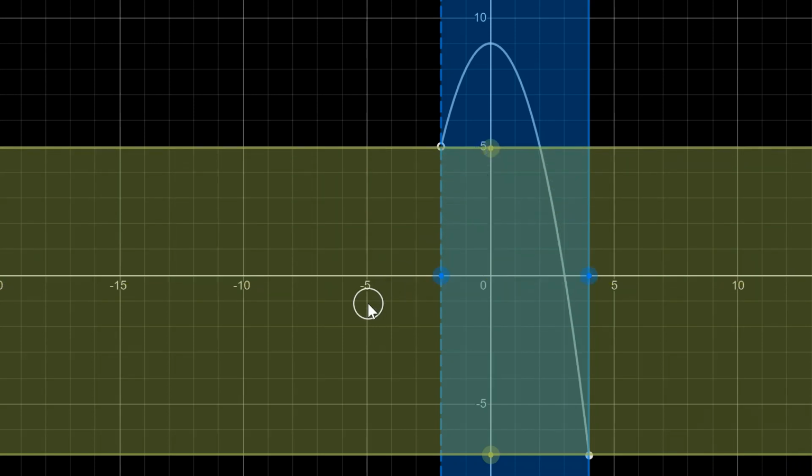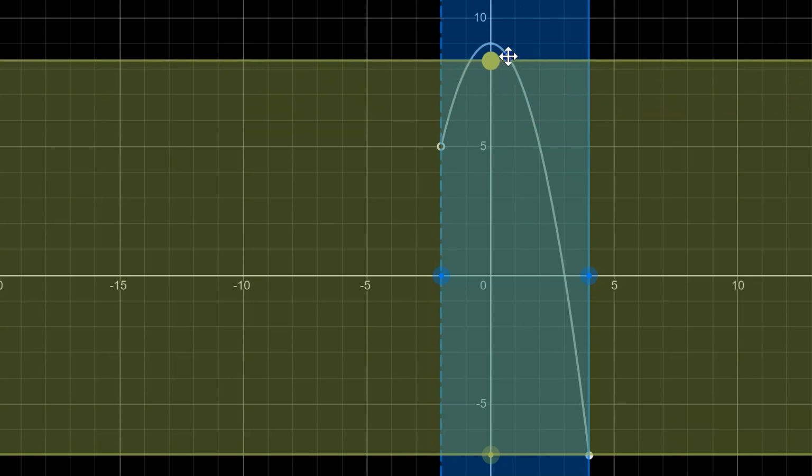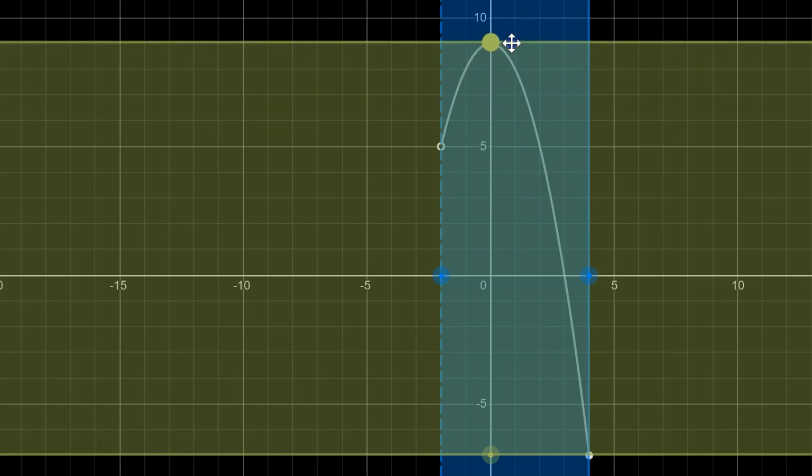I see this a whole lot, where people see the end point of the function and they assume, well, that must be the top of the graph. That's where I should stop my range. But if you notice, there is still a bit of function left on top, so I need to make sure the entire function is covered. And it looks like it goes all the way up to 9.